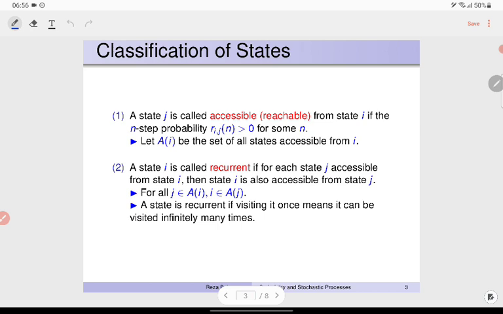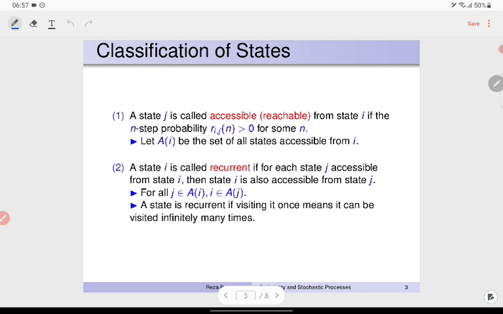Or, to express this more formally, for all j that are elements of A(i), i is also an element of A(j). So you see, they are back and forth.